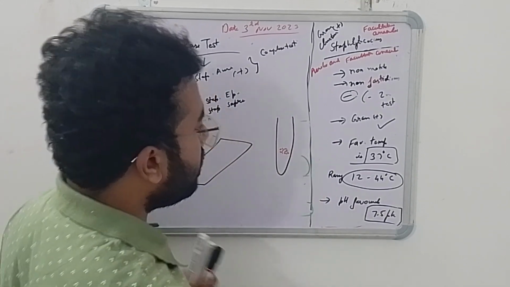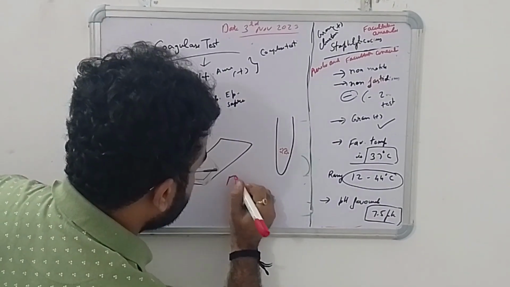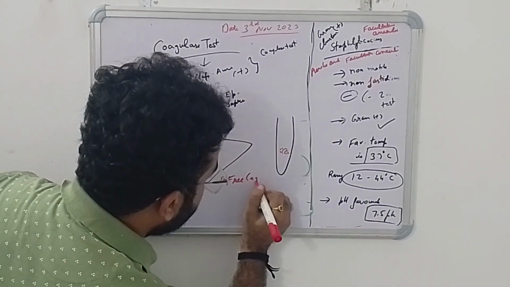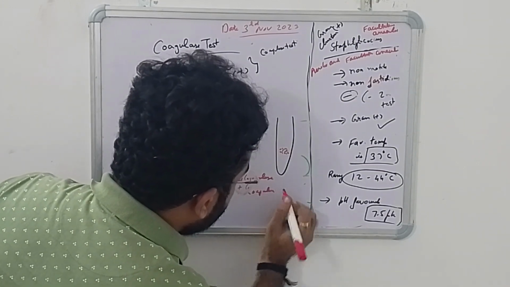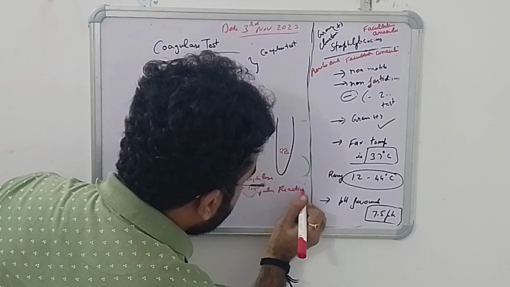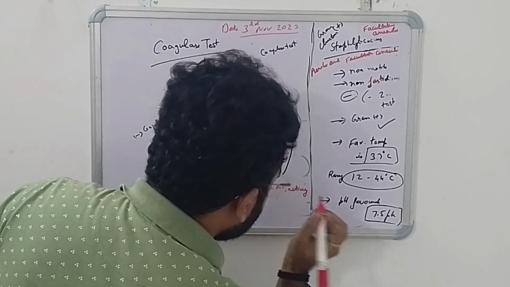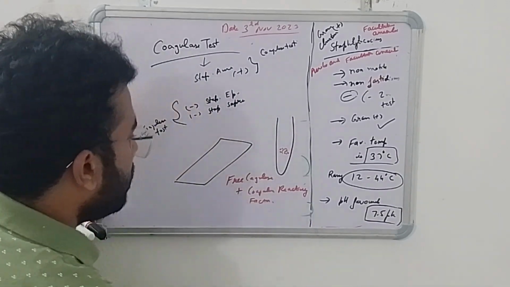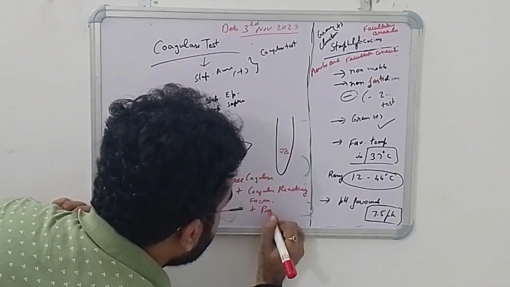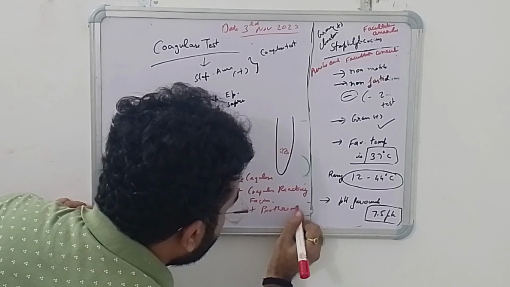What will happen is that free coagulase will bind to the coagulase reacting factor with prothrombin.